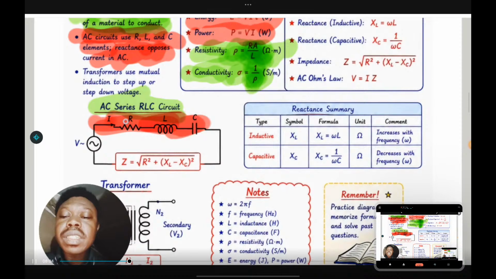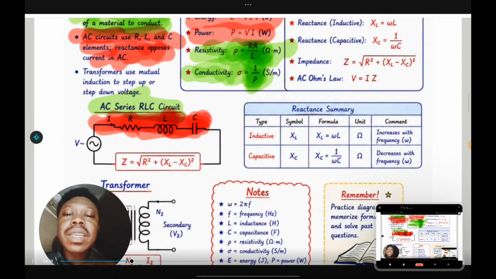The whole of these components. I have R, I have L, I have C. All of them are related by opposition. Hence, in RLC circuit, we can measure reactance in L and C.